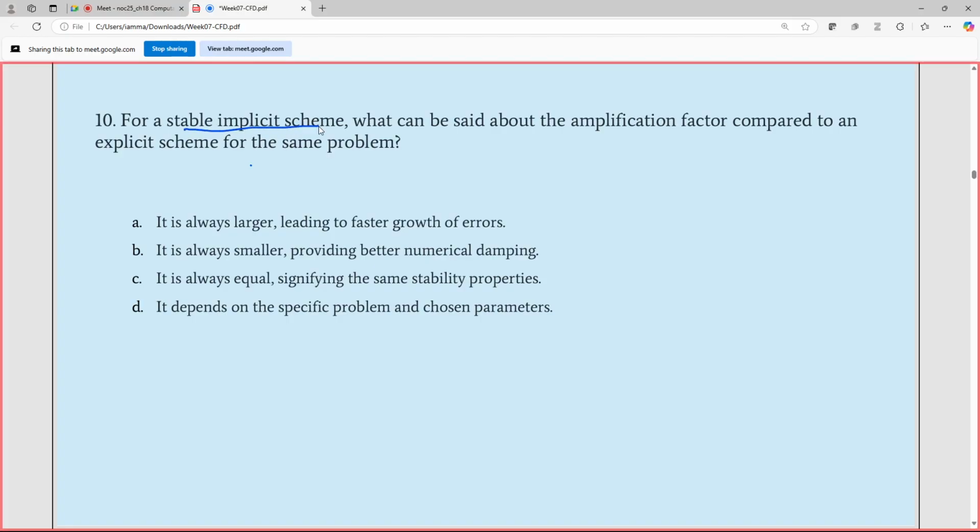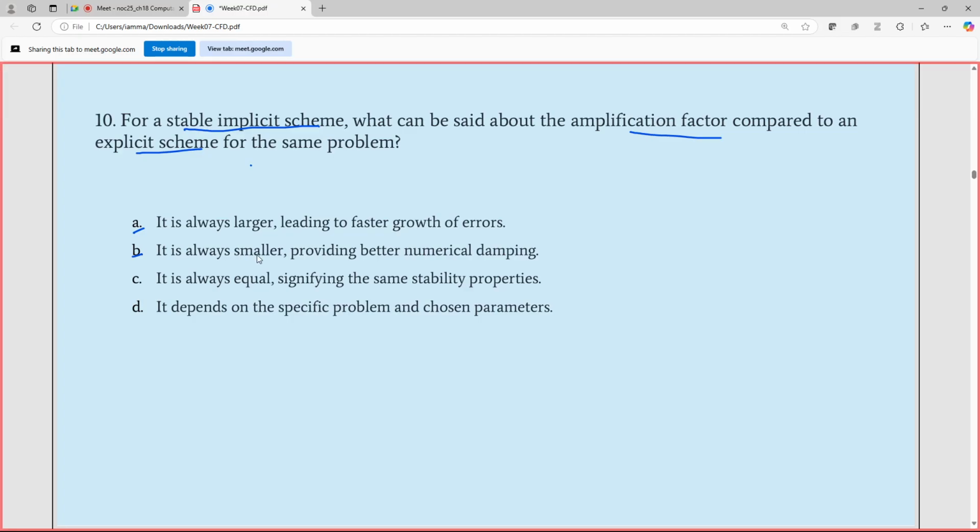For a stable implicit scheme, what can be said about amplification factor compared to an explicit scheme for the same problem? The question is simply asking to compare the amplification factor of a stable implicit scheme to an explicit scheme. Options are: option A, it is always larger, leading to faster growth of errors.